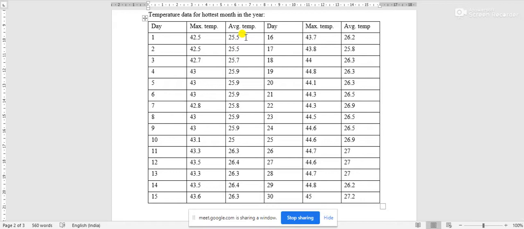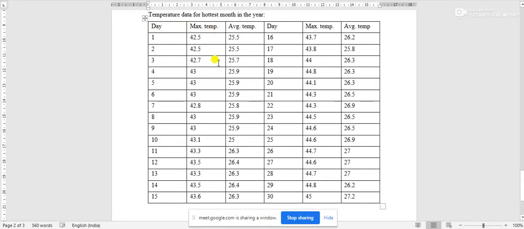You may measure the temperature throughout the day at a one hour interval or 2 hour interval, and make all the data an average or mean. That is the average daily temperature, and this is the maximum temperature.